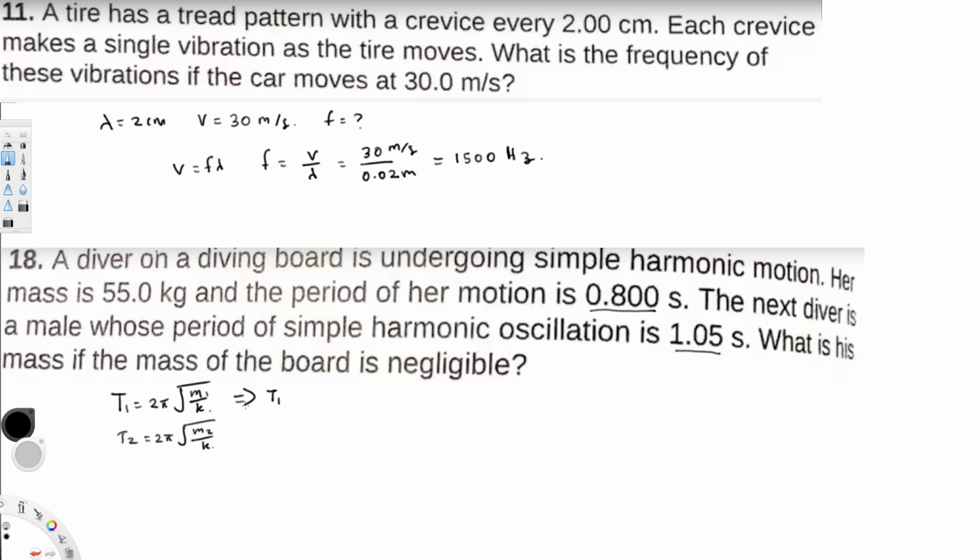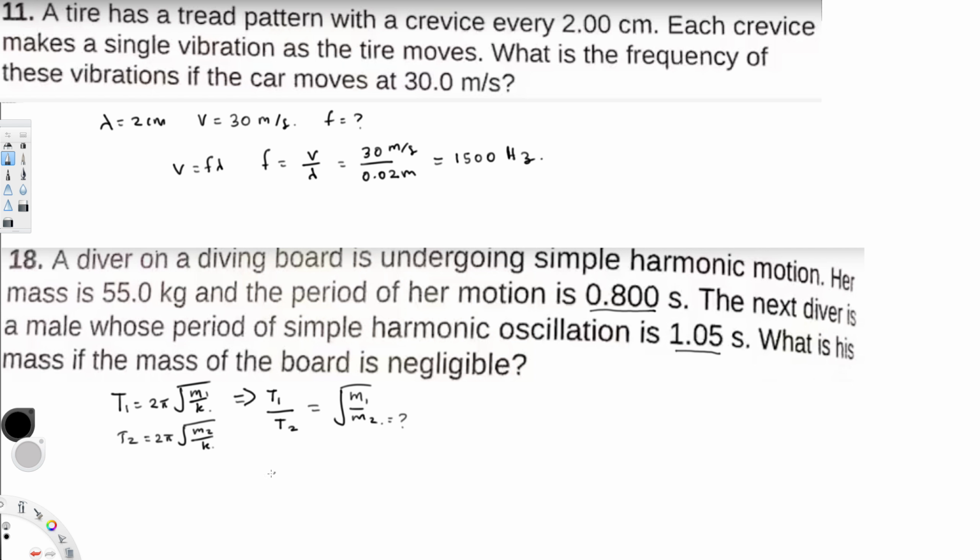So if I divide these two, this will give us T1 over T2 is equal to, 2 pi and k cancel, and that gives us square root of m1 over m2. And the question is asking to find the second person's mass.